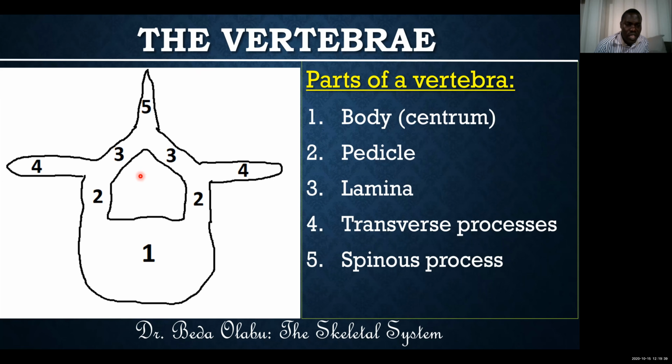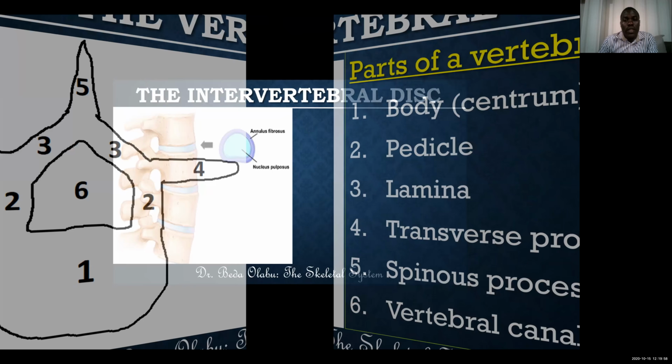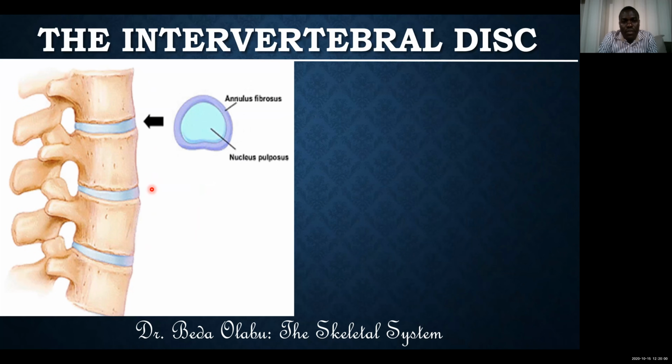By doing so, they enclose the spinal cord here. This region here is what we call the vertebral canal, and that's where the spinal cord will run through. We're done with the vertebrae.